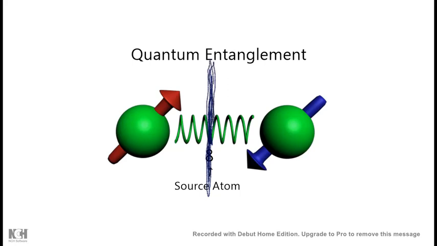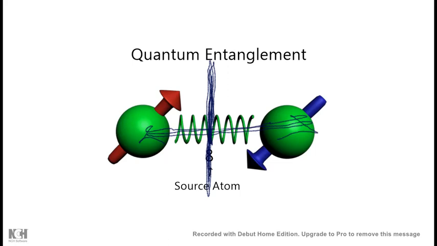Now, what happens with these experiments on quantum entanglement is that the photons are produced, and then one is looked for over here on the left, the other one is sought out on the right here.